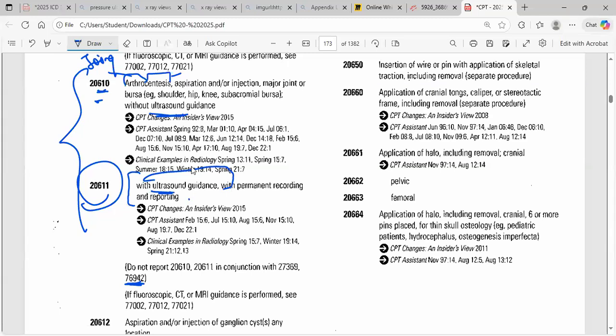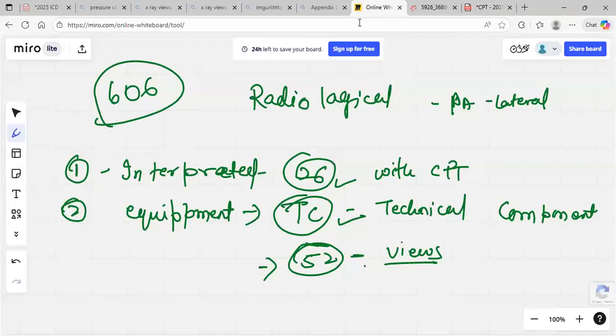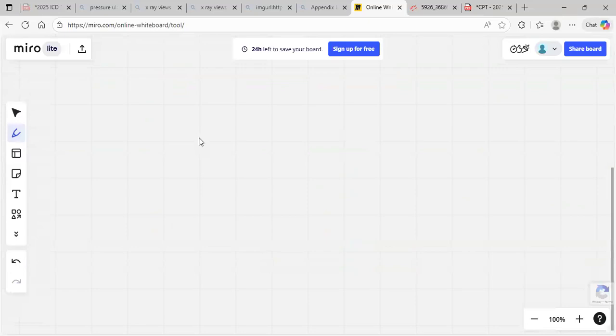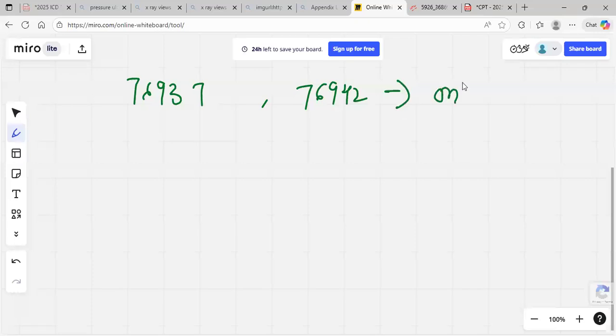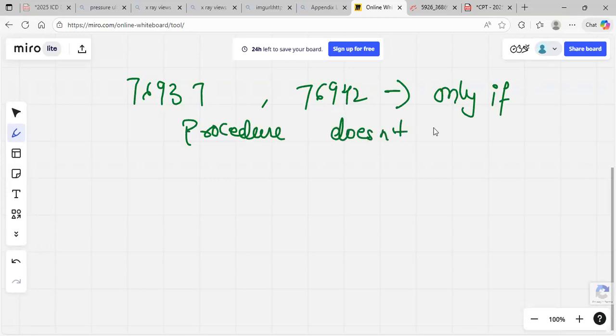So whenever you are going to bill the guidance codes for ultrasound, we have two codes, 76937 and 76942. We are going to bill these codes only if the procedure does not include ultrasound guidance.